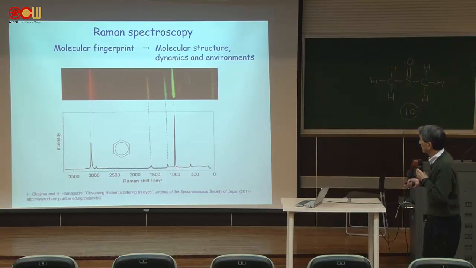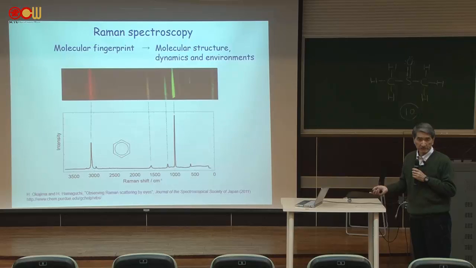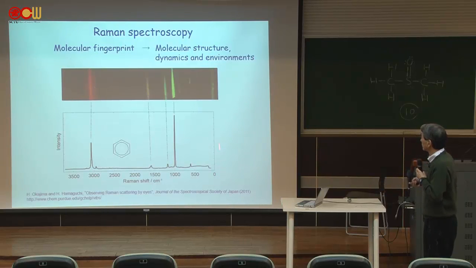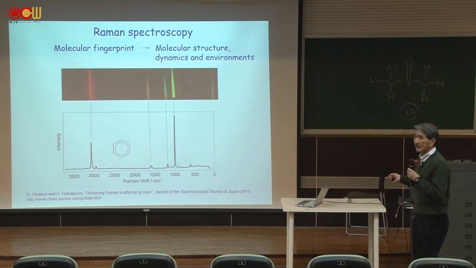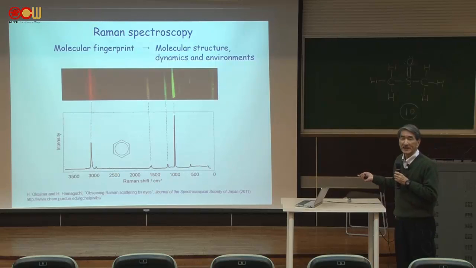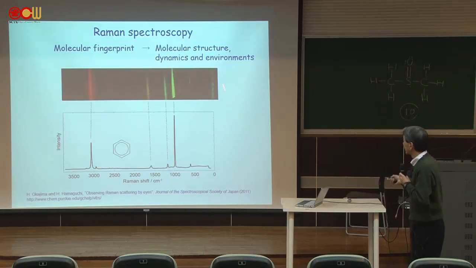And then we have, say, 1,000 wave number, 2,000 wave number, and 3,000 wave number shifting from the original band. And because here you see a very weak green line, in this case we use a green laser for the excitation. And we use a special filter to eliminate the laser line.